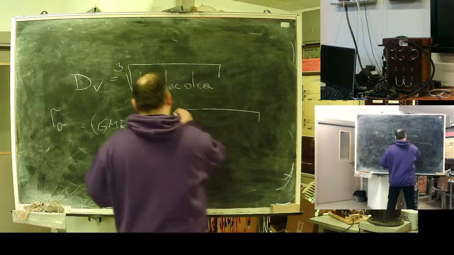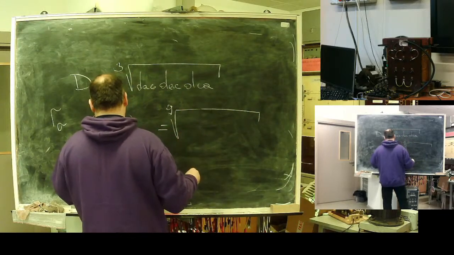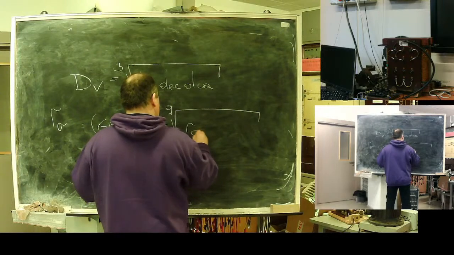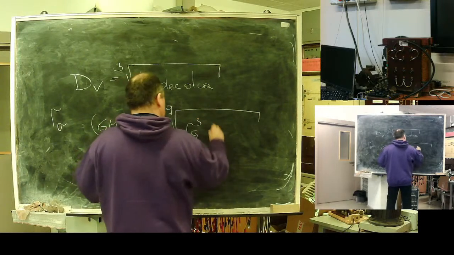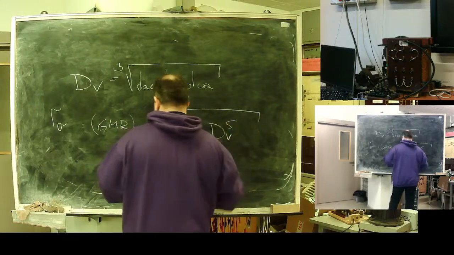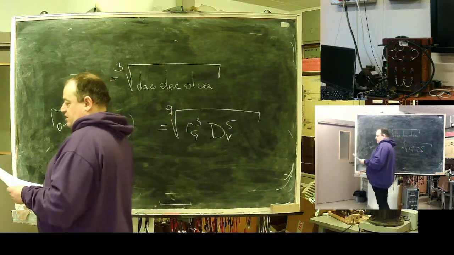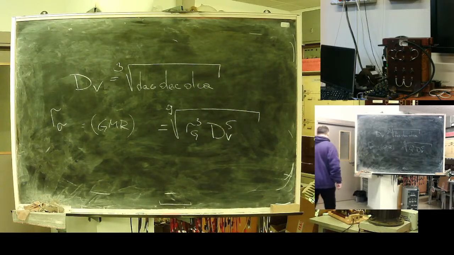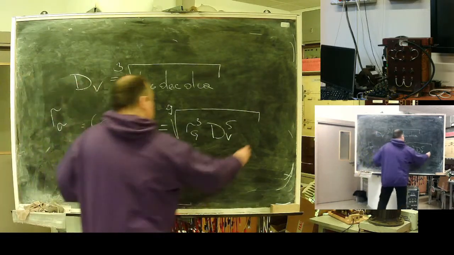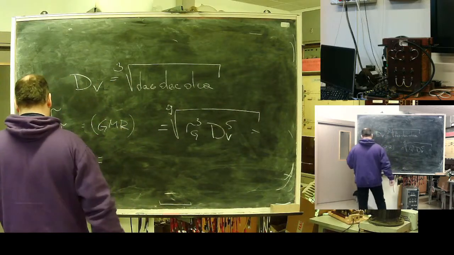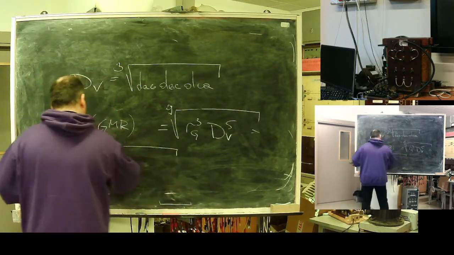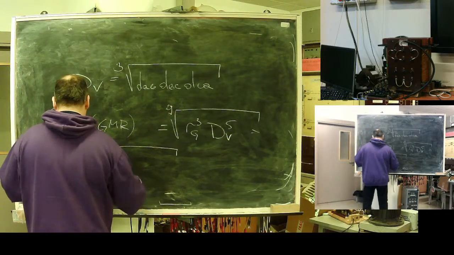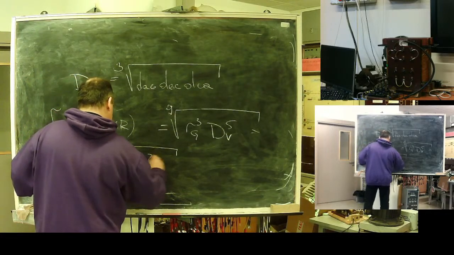It's a root of power 9 from Rg cubed, average distance in power 5, so it can be written as a root of power 3 from Rg D squared.